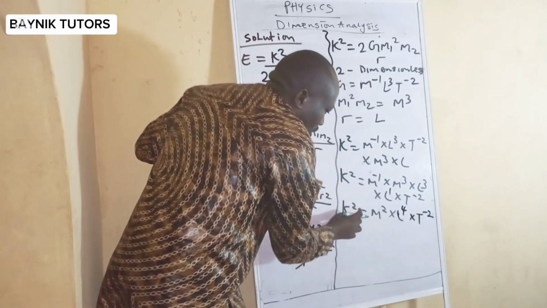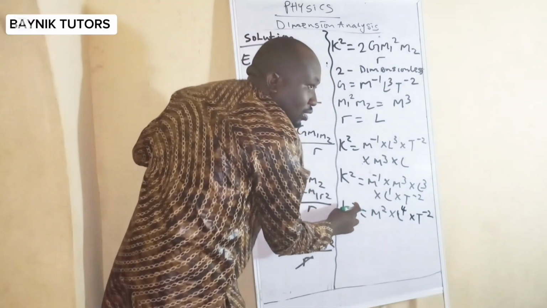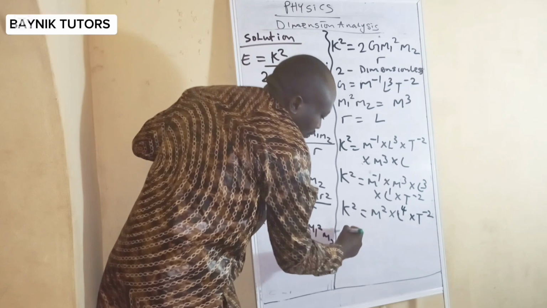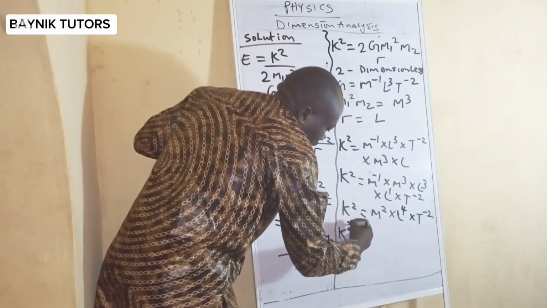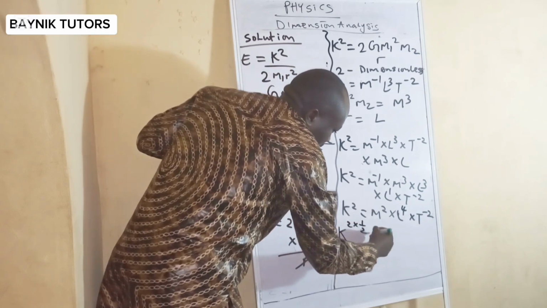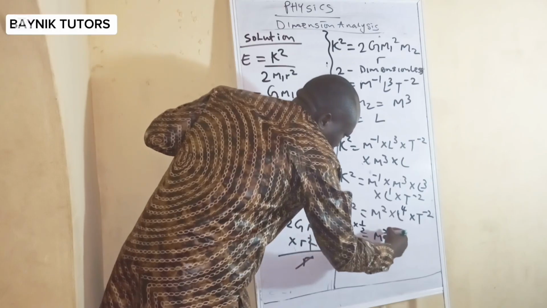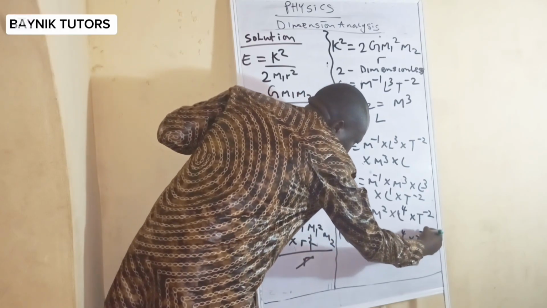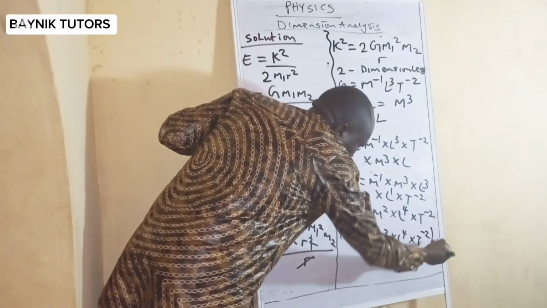So here we are going to multiply this power of 2 by half. So that here will also be multiplied by half. So this will be M raised power 2 times L raised power 4 times T raised power minus 2, multiplied by half.